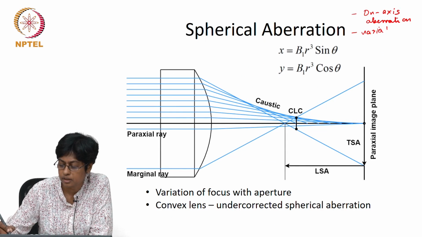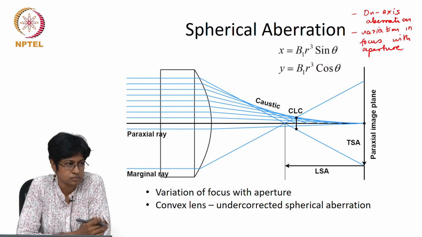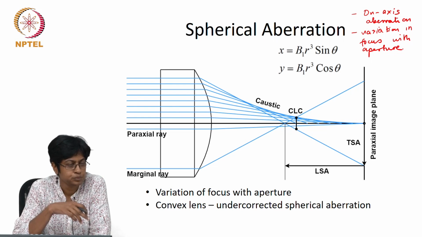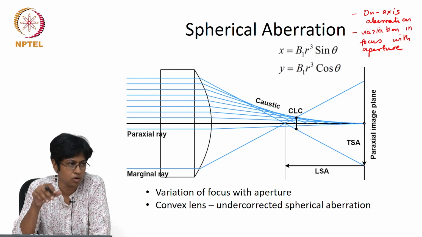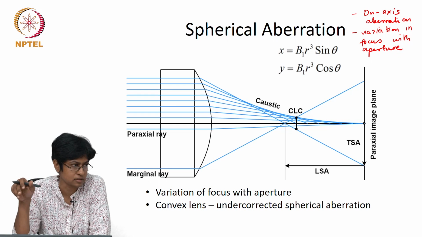So a variation in focus with aperture. Okay. What does that mean? Rays that come to a different location of the lens will focus at a different location on the axis.